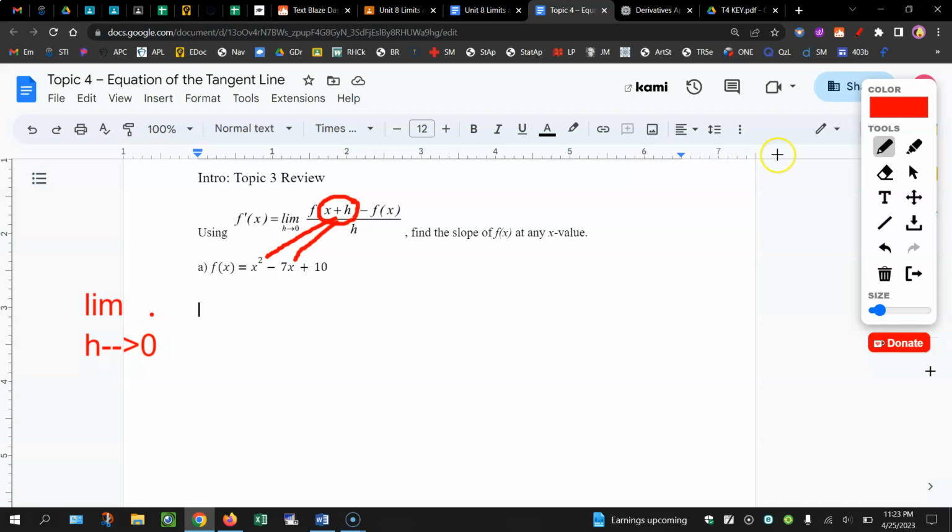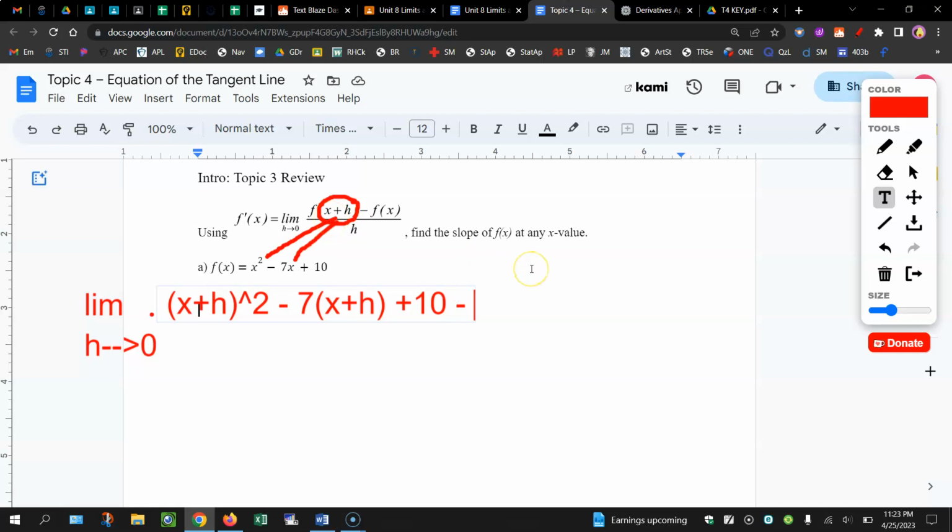So the way that this is going to look is going to be like this. So we're going to have x plus h quantity squared minus 7 times x plus h plus 10. That's the x plus h part.